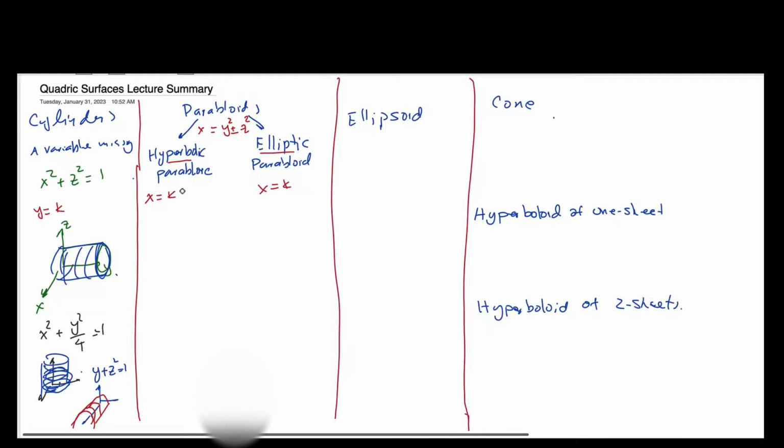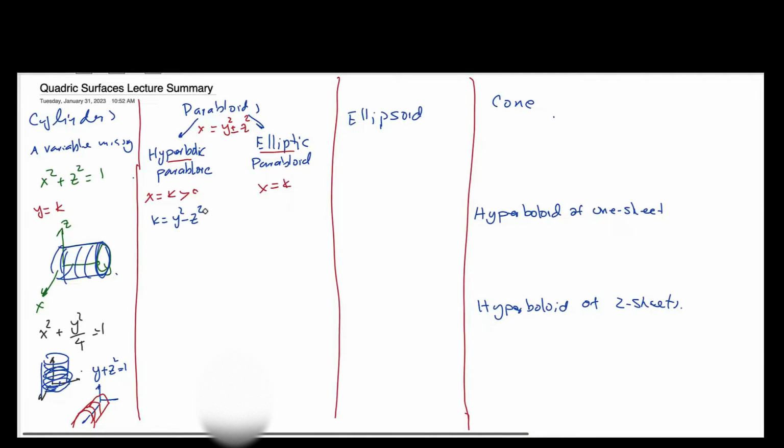And so let's say k. In this case, I'm going to emphasize that. I will see k is equal to y squared minus z squared. So depending on whether k is bigger than 0 or less than 0 or equal to 0, the direction of the hyperbola changes.